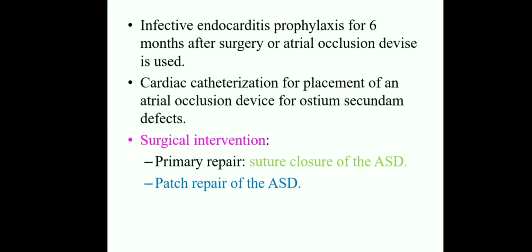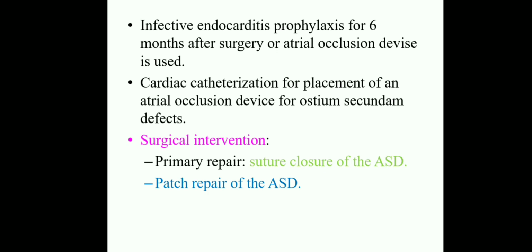Infective endocarditis prophylaxis for 6 months after surgery or atrial closure device is used. Sometimes, if the baby's ASD was not closed properly, that time they go for surgical interventions.